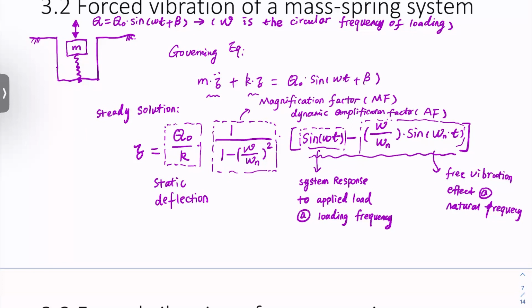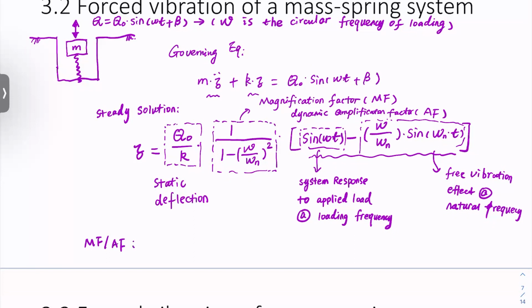We're not going to really look at that sine part, but mainly at the amplitude of the whole thing. If you look at this amplitude, Q naught over K is a constant value, because if Q naught is fixed and K is fixed, that is always fixed. But what about the second part, the MF or AF?